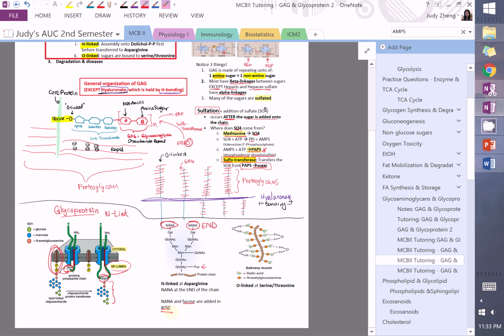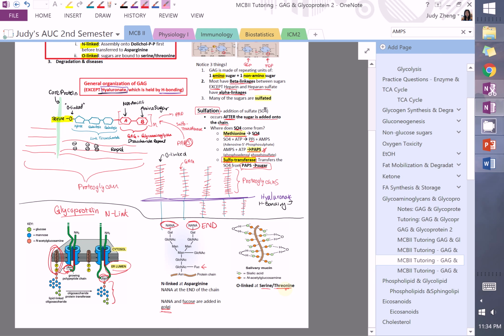Another way that the sugars can be added onto the protein is through O-link. Like before, O-link is basically adding the sugars onto OH groups. So what are the molecules that have OH groups? Serine has an OH group, threonine has an OH group.